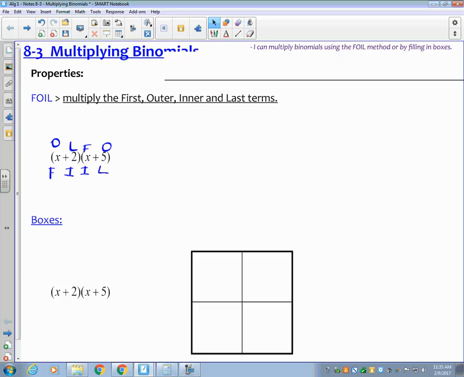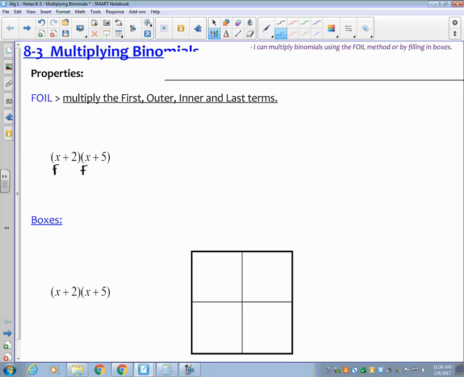But here, when you're doing the first, you have to look at first only. Then when you're doing the outer, you have to look at the outers only. So I'm going to give myself a clean palette here, just so I can look at onlys. So I'm going to multiply. This guy is the first one of the binomial.